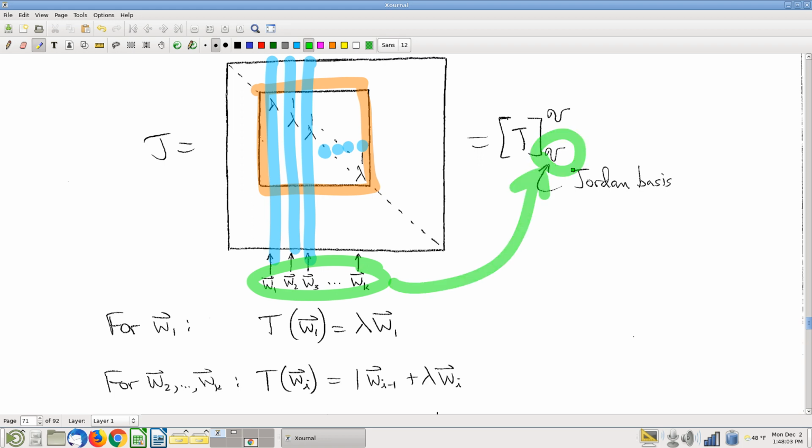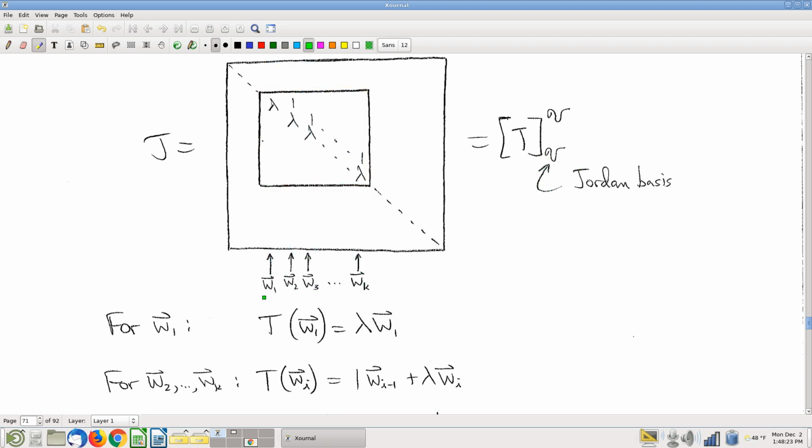Now, this is not the entire Jordan basis. We're just looking at one basic Jordan block. That basic Jordan block corresponds to a subset of the Jordan basis vectors, not the whole list. So these are the vectors that these columns are telling me about the images of.